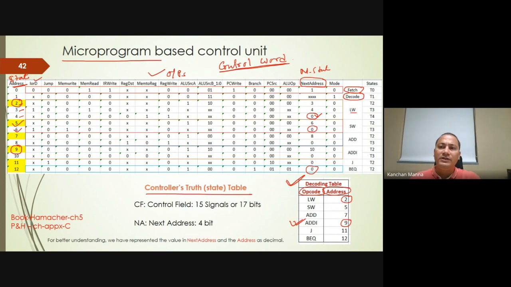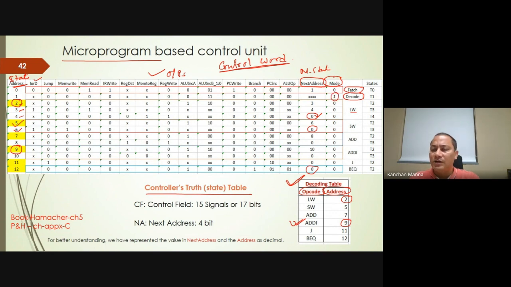Now in the table, we can see we have an additional signal called the mode field. The mode field is a 1-bit value, and in most cases the mode field value is 0. However, for decoding, the mode field value is 1.